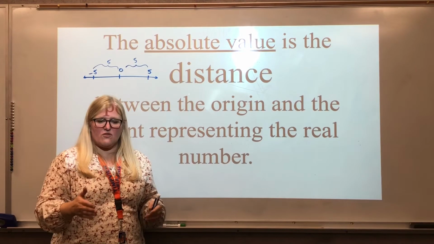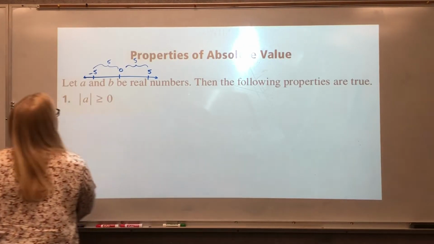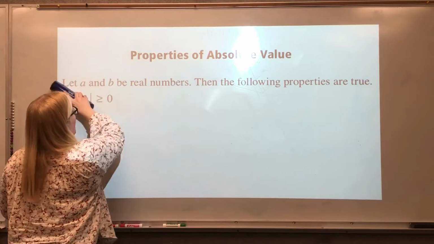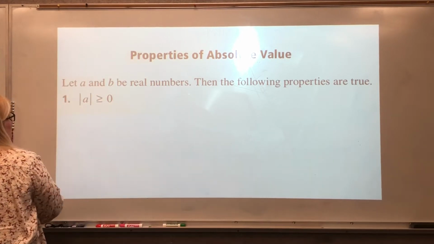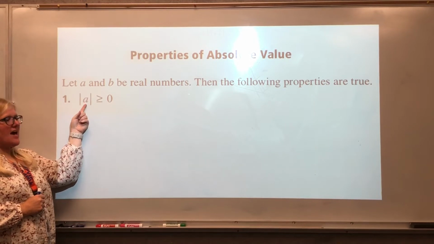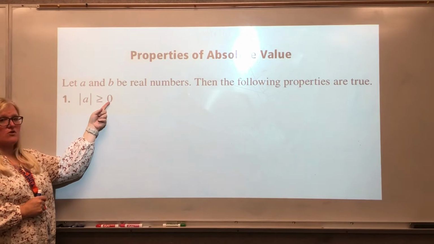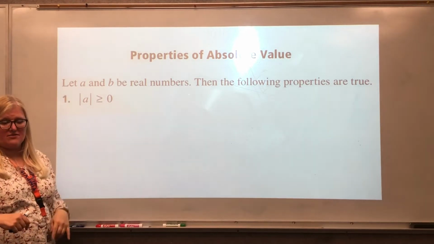Anything in an absolute value sign is positive, which is the first property that I have listed on your notes. This just means that the absolute value of any number is greater than or equal to 0. So that means it's 0 or positive.